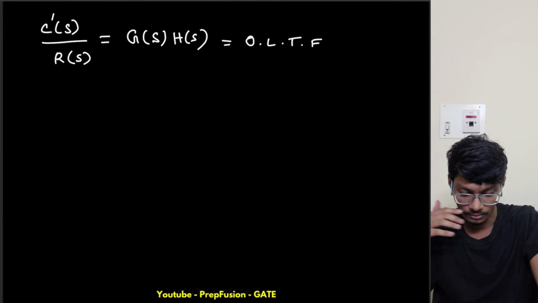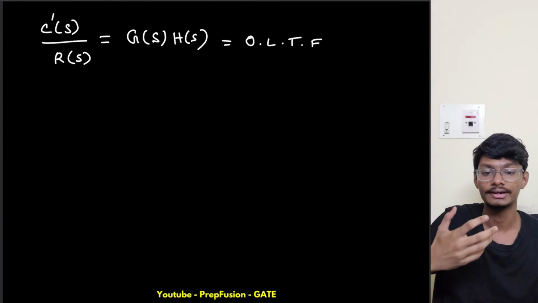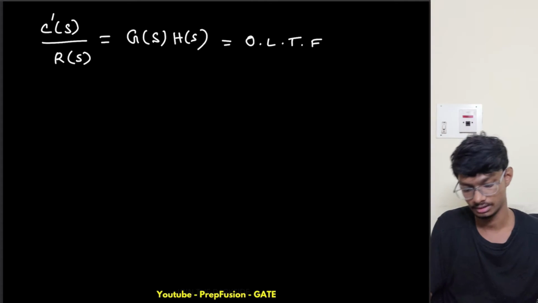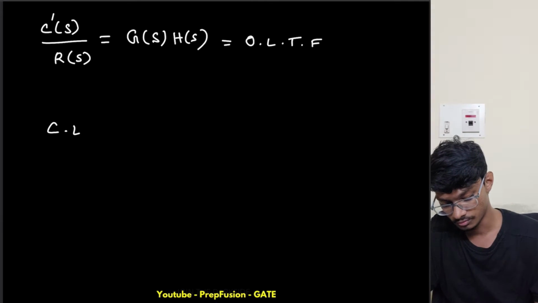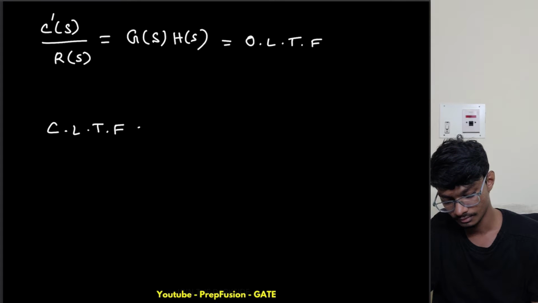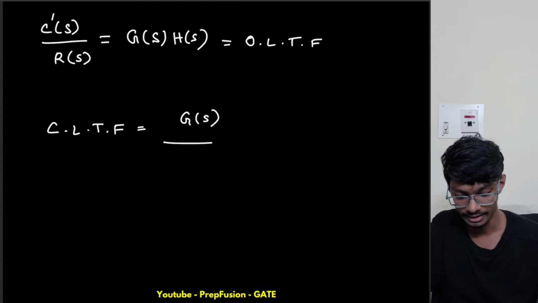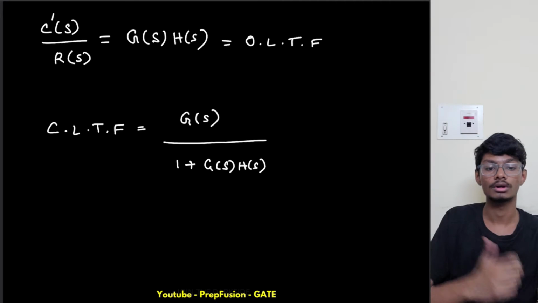Okay, so now I can relate it with the closed loop transfer function that I just derived a few slides earlier, right? So what is the closed loop transfer function? CLTF is basically g of s upon 1 plus g of s times h of s for a negative feedback system, right? So how can I write it?